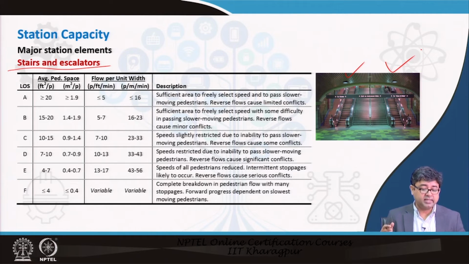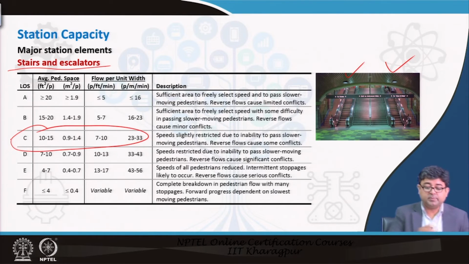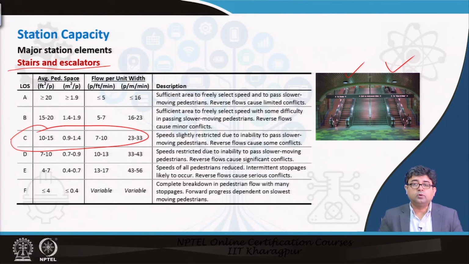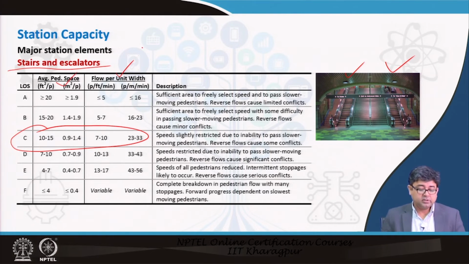So, how to design them, and what level of service should be provided in order to run daily activities pretty smoothly? Again, the level of service depends upon space and flow. In a combined system, you will calculate the level of service of both together, but you can also do so separately if you just have a stairway.